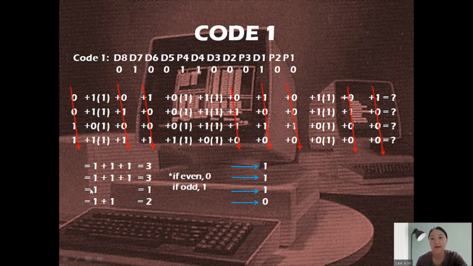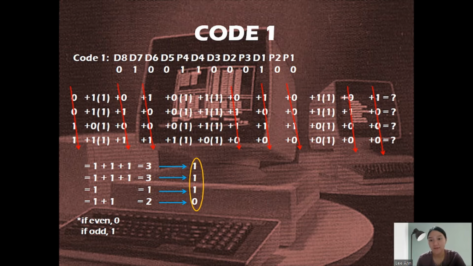So we only have a value of 1 in unknown number 3. And for the last unknown, it is 1, 1, that's it. So it equals 2. And if the answer is even, then in our coding it is going to be equal to 0. And if it is an odd number, it is going to be 1. So 3, 3, and 1 are odd numbers, and 2 is the only even number.